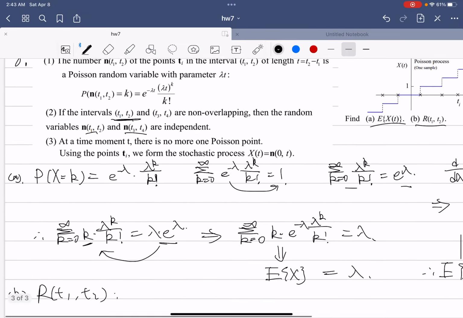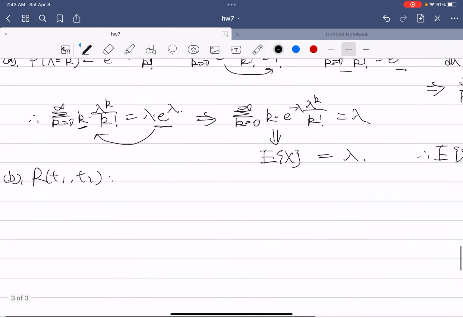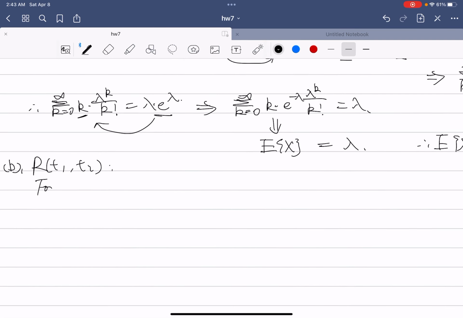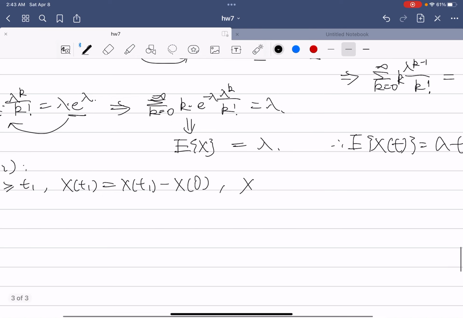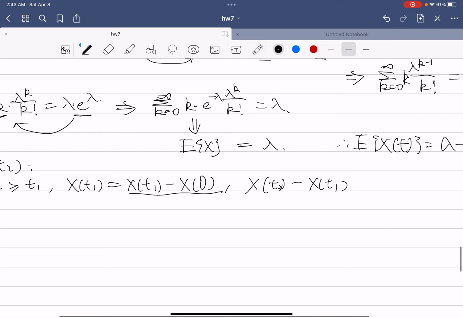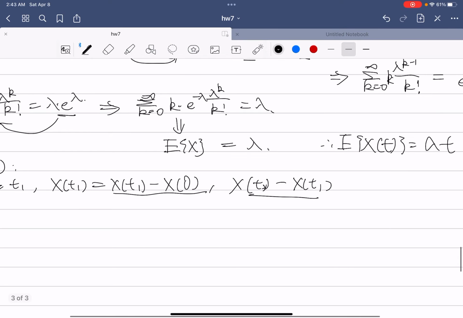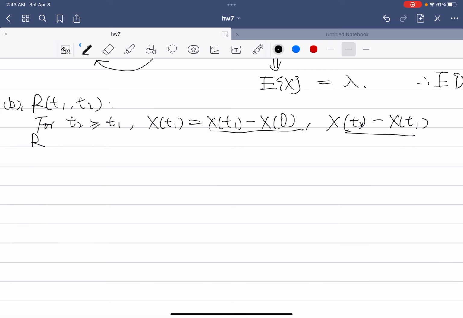So for T2 larger than or equal to T1, X(T1), which is X(T1) minus X(0), and X(T2) minus X(T1), they are independent.